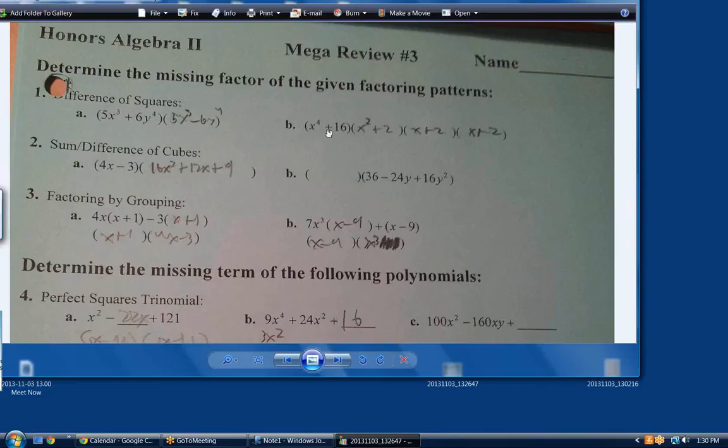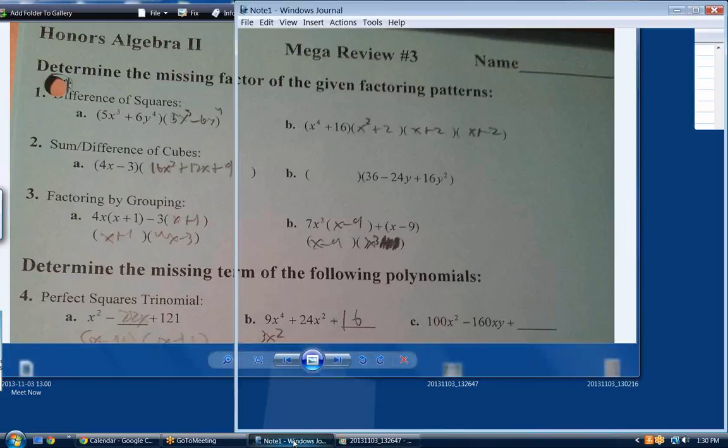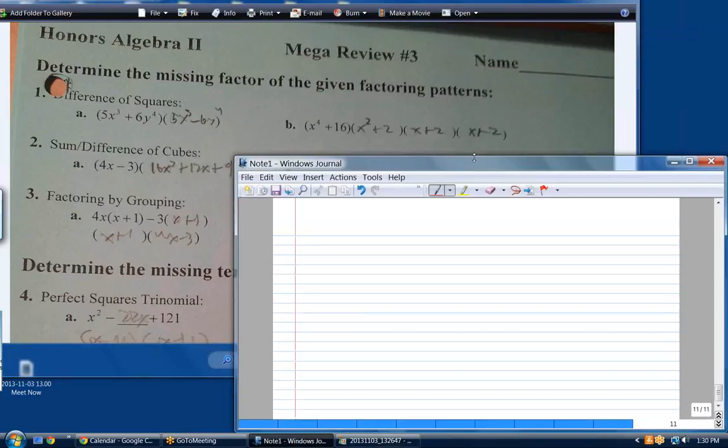She has it written on the answer key as x squared plus 4, x plus 2, x minus 2. She has the answer key as what? In the first set of parentheses, x squared plus 4. In the second set, x plus 2.